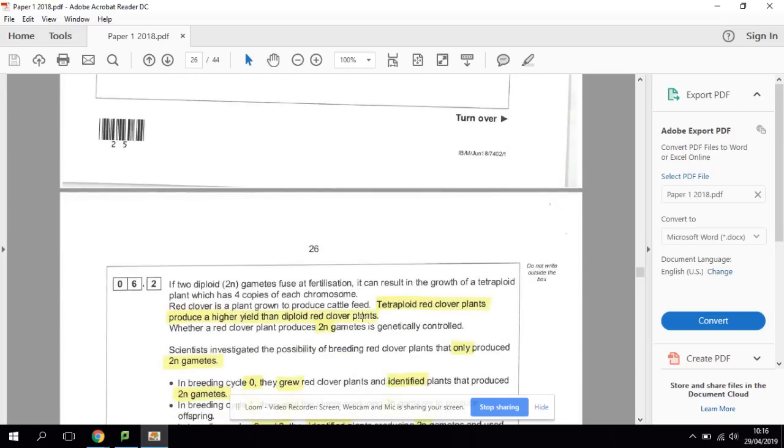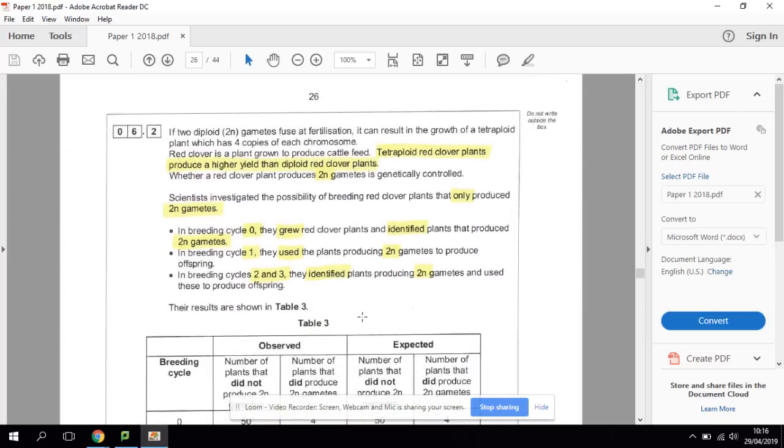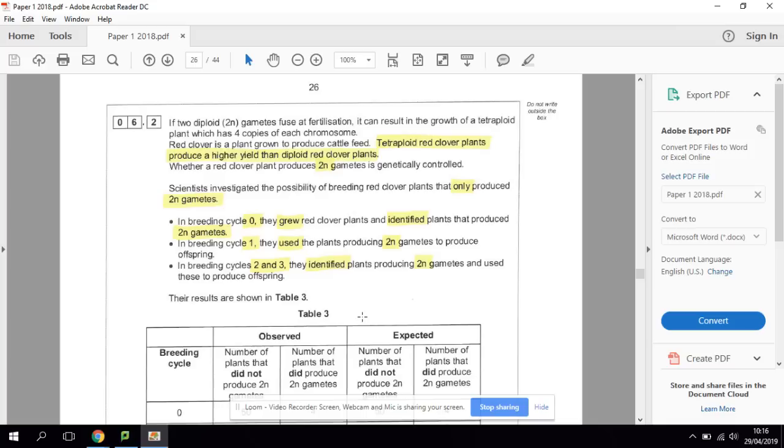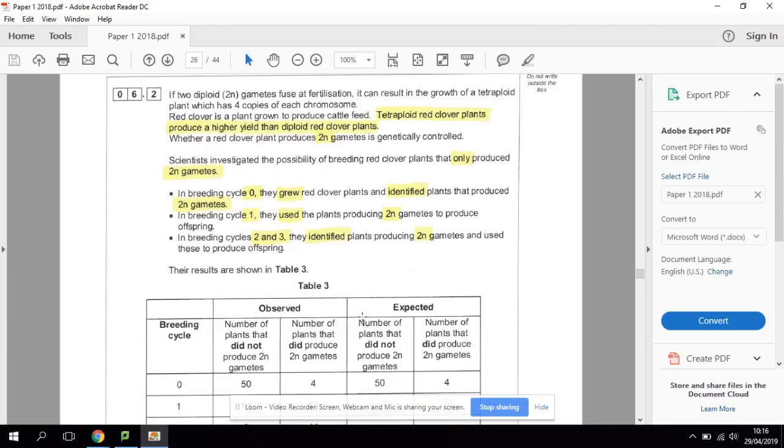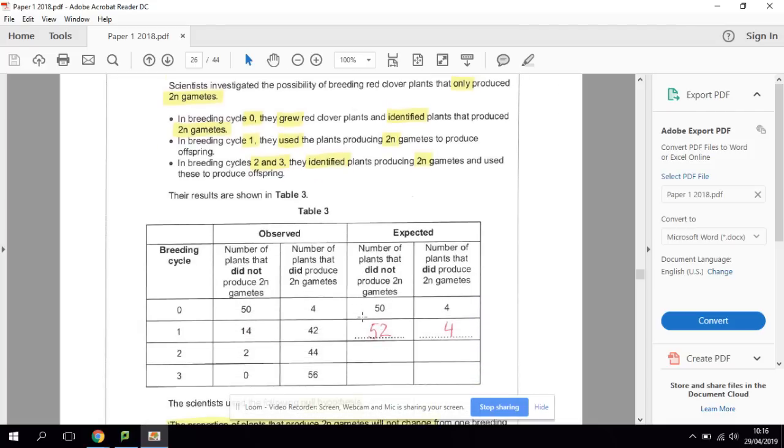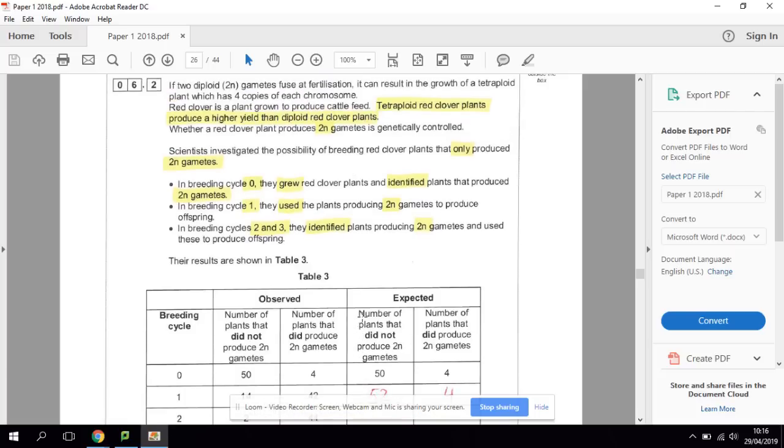Right. Next question. We've got a table that gives you information about the observed and expected values, and we've got lots of information here. I'll let you have a look through those, but the yellow bits are highlighted and they are really important.